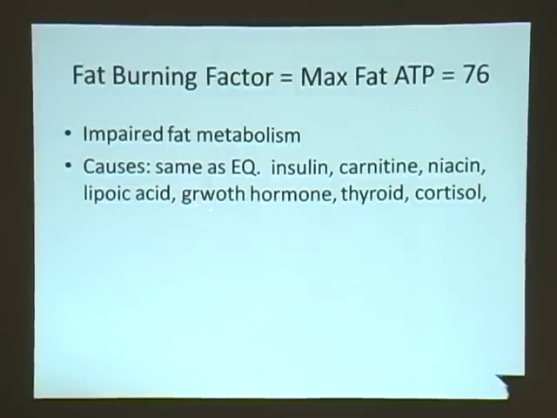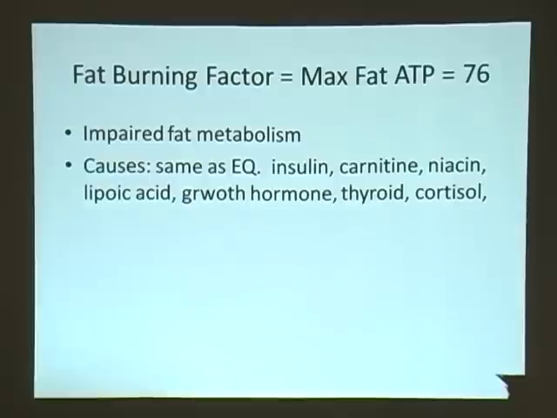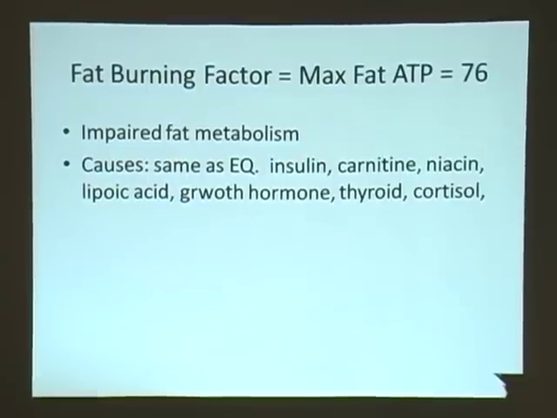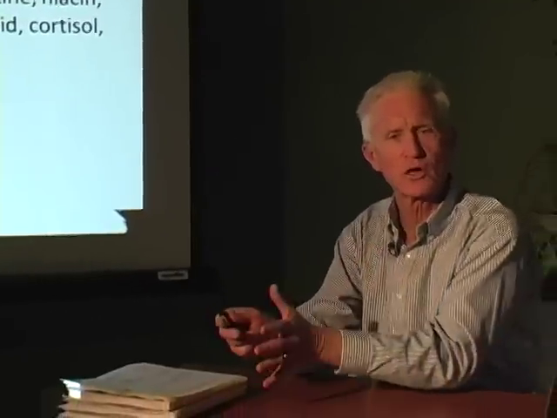Human growth hormone should be measured in this patient. He's 39. He could have low growth hormone levels. We should measure that on him. We also already talked about thyroid and cortisol. So by looking at his low fat burning factor, that's given us some clues of where we should go to investigate him a little bit more.